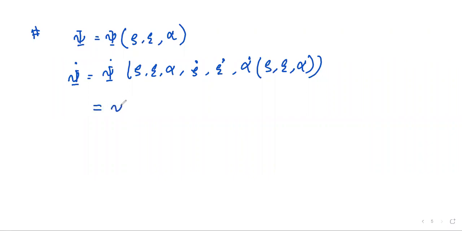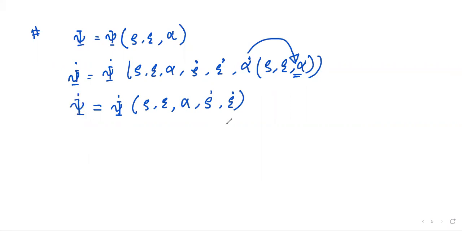So alpha dot is again a function of alpha, and writing this alpha dot is redundant. So the evolution of psi is not dependent on the evolution of alpha.